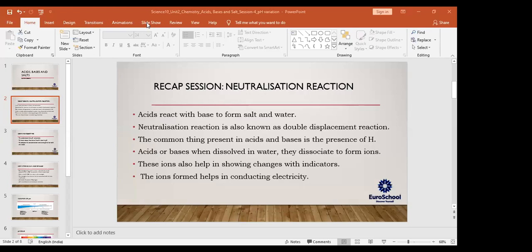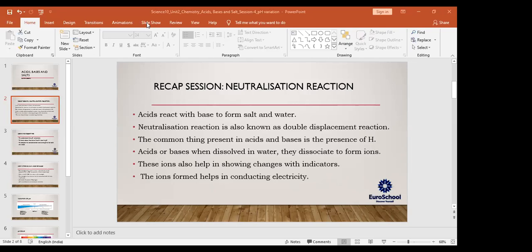What happens when an acid or a base is dissolved in water? Ma'am, the acidity or basicity reduces. Why does it reduce? Because water is almost a neutral component, so its acidity or basicity reduces.